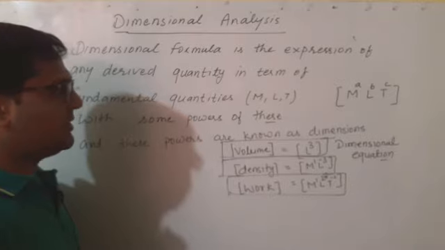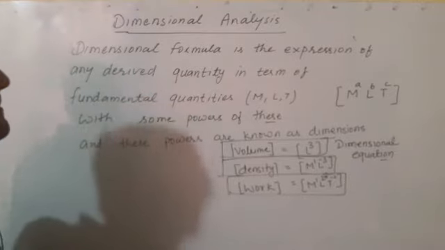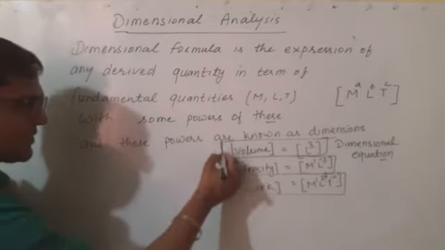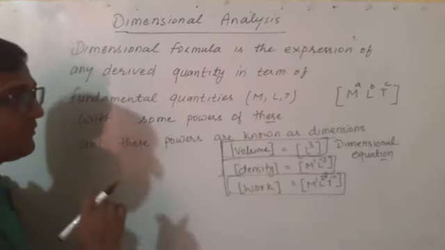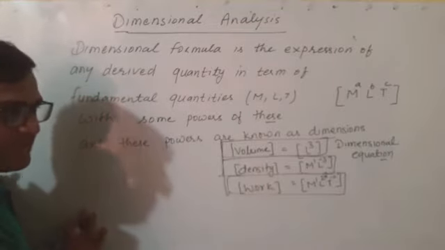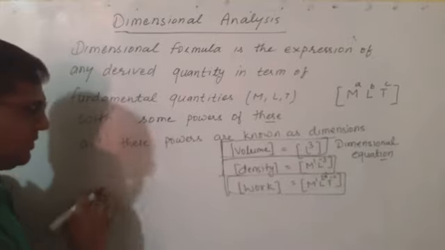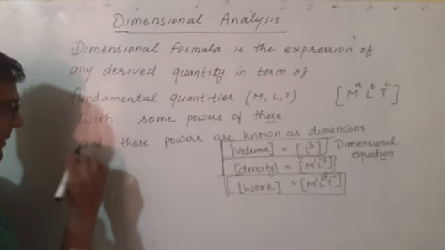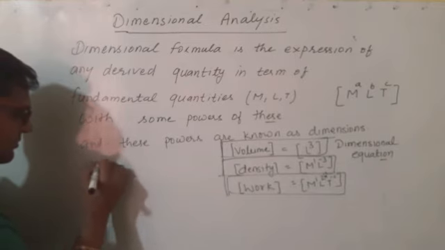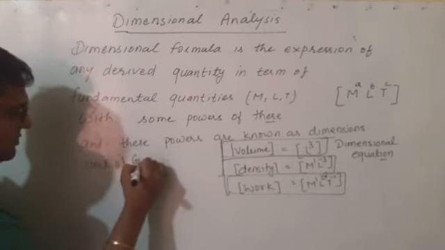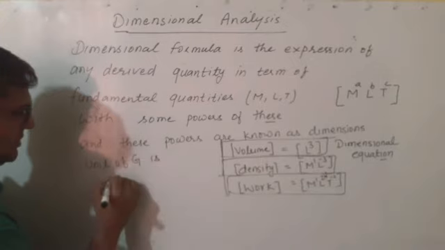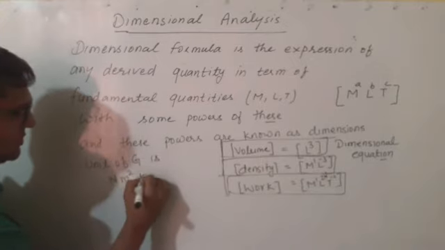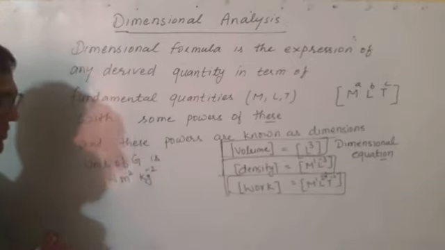Next is, we can derive any dimension formula with the help of a given derived unit, or with the help of its unit only. Say for example, I have the unit of G as Newton meter square per kilogram square.